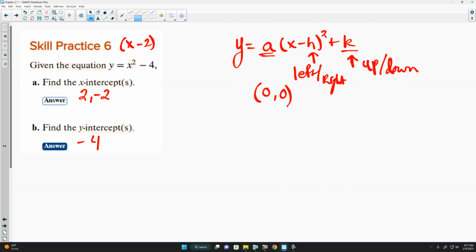Now, if we look at this one here, x squared minus 4, it's telling us it's moving where? Down 4 units, yes? So, if the original vertex is at 0, 0, we move it down 4. We're now at 0, -4, which is our y-intercept.